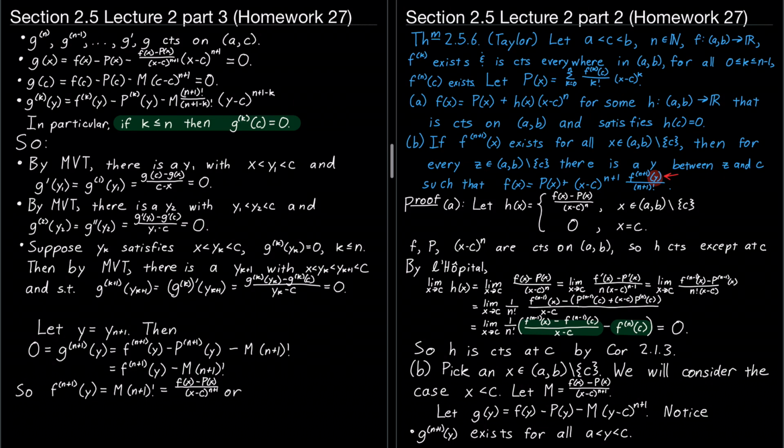And then rewriting a little bit, f of x is just p of x, plus f^(n+1)(y) over n plus 1 factorial, and then last off we've got x minus c to the n plus 1. And that completes the proof of Taylor's theorem.